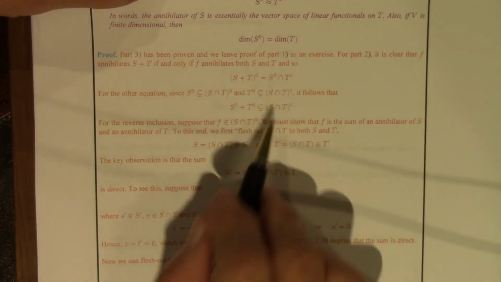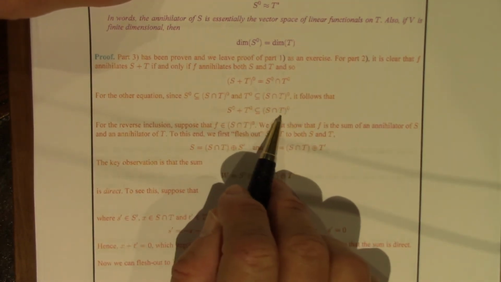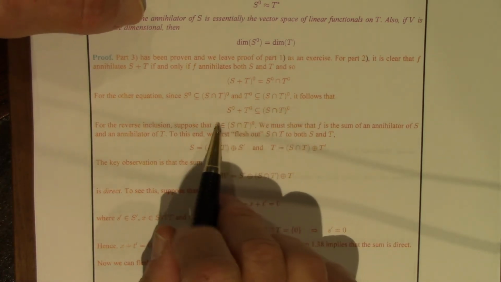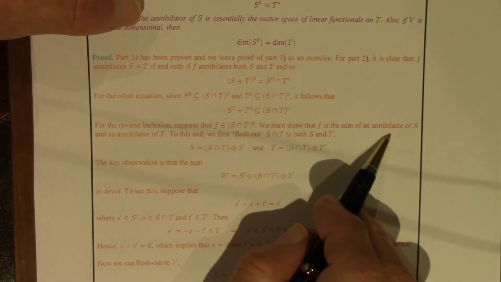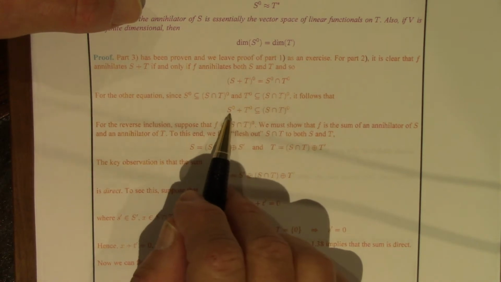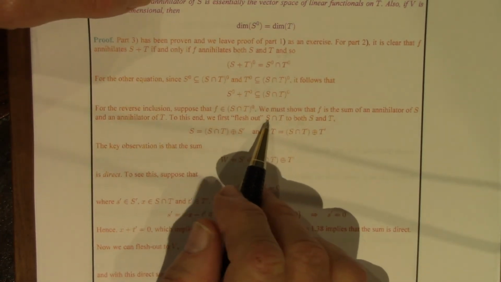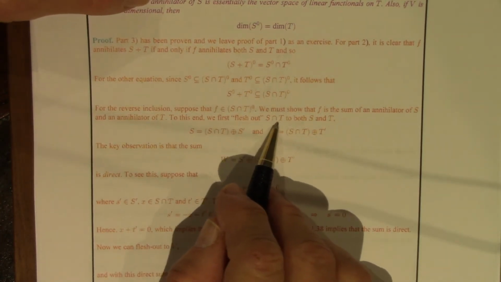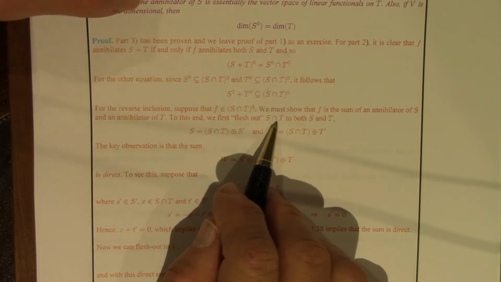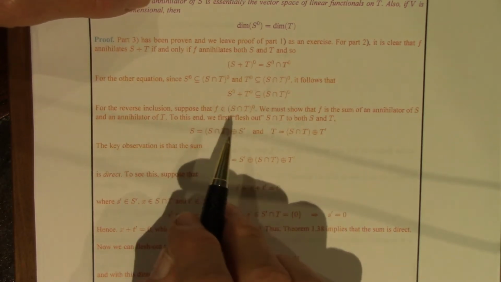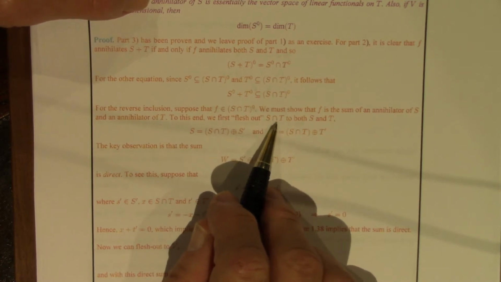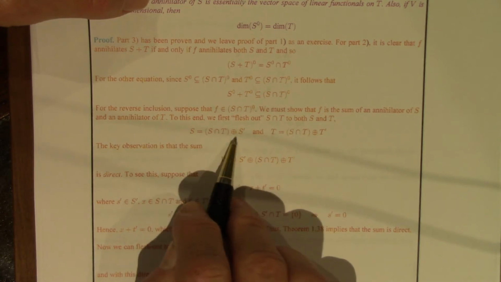So suppose we take a linear functional that annihilates the intersection. Call it F. We have to show that F is the sum of an annihilator of S and an annihilator of T. Well, we can start by taking the subspace S intersect T, which is also a subspace of S, so we can flesh it out, so to speak.